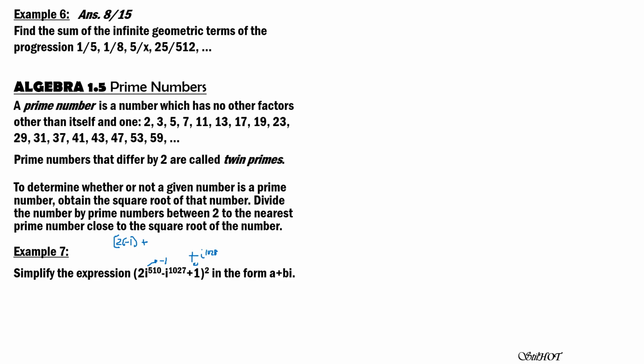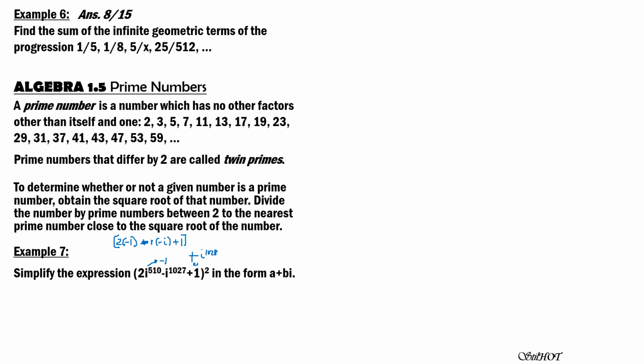So this is negative 2 minus negative i, and since i to the 1027 is negative i, that's plus i. Negative 2 plus i plus 1.